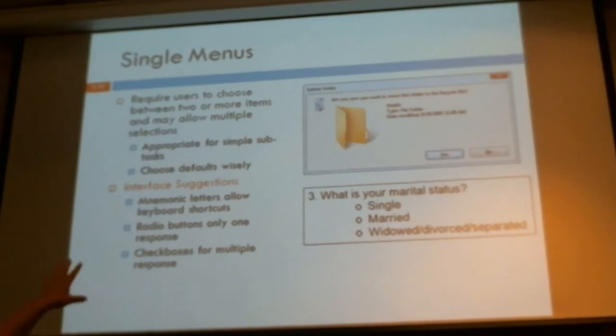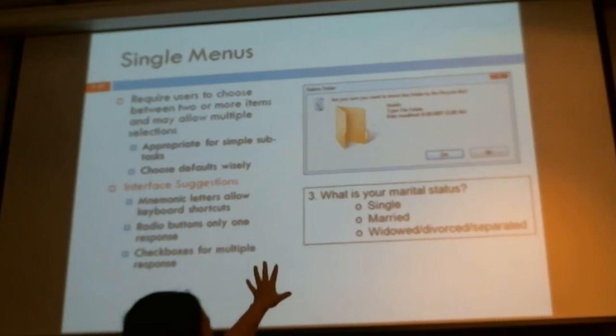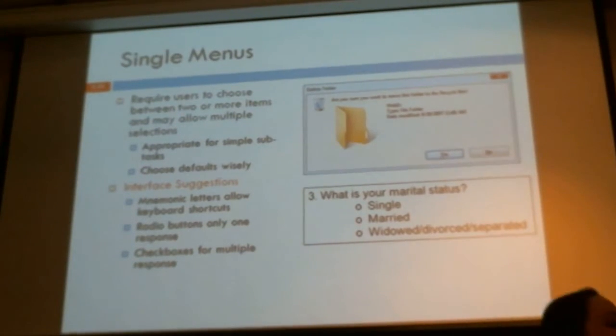Okay? So here, this dialog box is considered a single menu because, what are you trying to accomplish? Getting user input about what? A decision. So you're asking a user if they want to put that folder into the recycle bin, yes or no. What should the default be here?